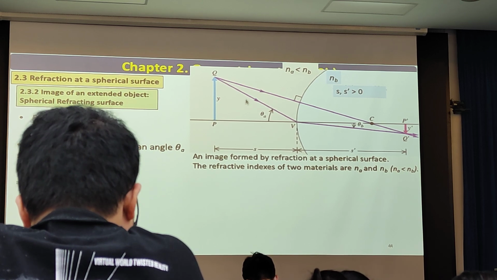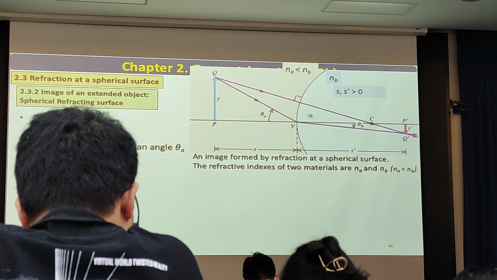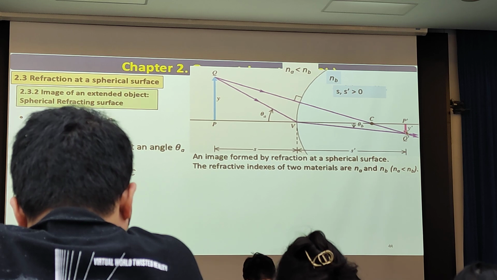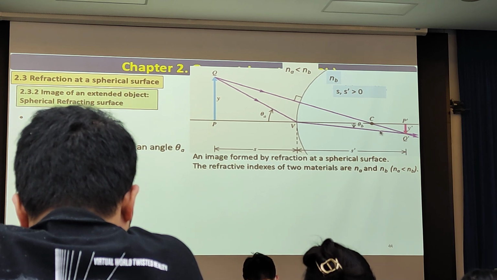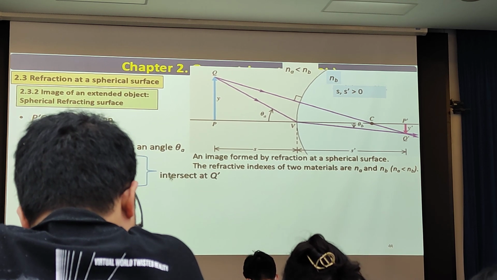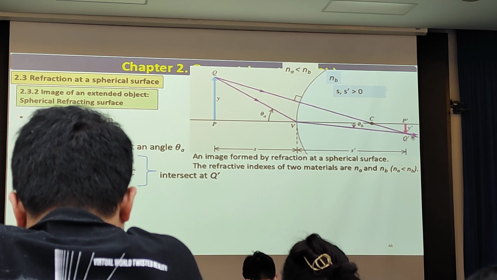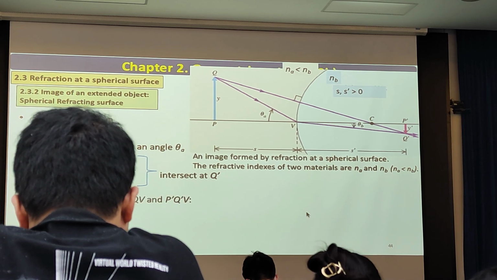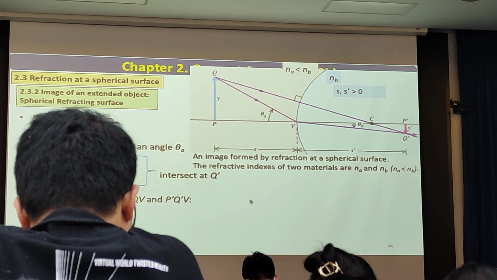QC is incident through C, so it refracts along C. So I just explain because we have this line, so the normal, and here the normal is CD for the case of QB. So they intersect at this point Q prime. So that's why you have the image Q prime B prime.